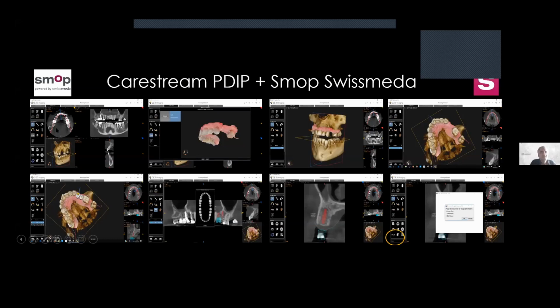We get the CBCT, we get the STL file, we merge both. Then we can use, in this case, SMOP 3D guided design software. And then we choose our implants in Carestream PDIP.